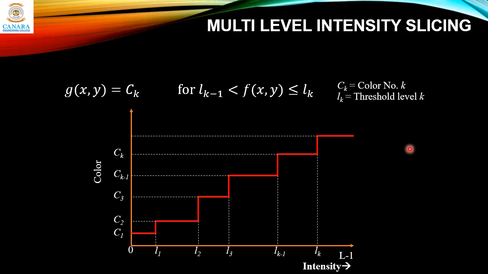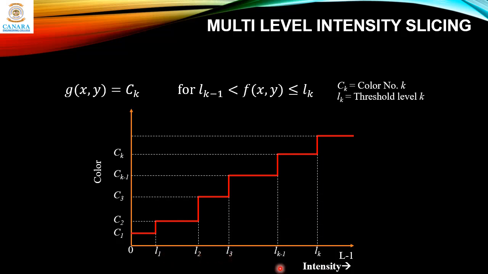We have an intensity versus color map. Now we'll choose color 1 for intensity level from 0 to L1, and we'll use C2, color 2, between the levels L1 and L2. For example, 0 to L1 could be the intensity values from 0 to 10, 11 to 20, 21 to 30.